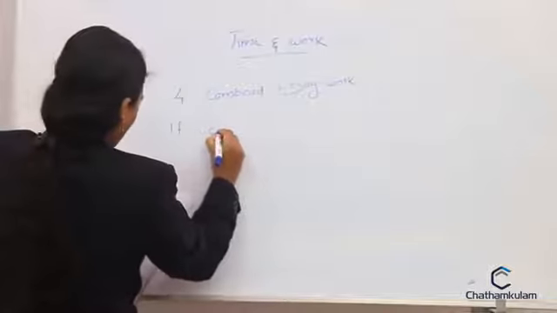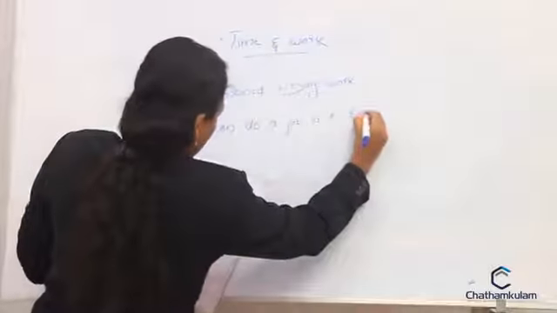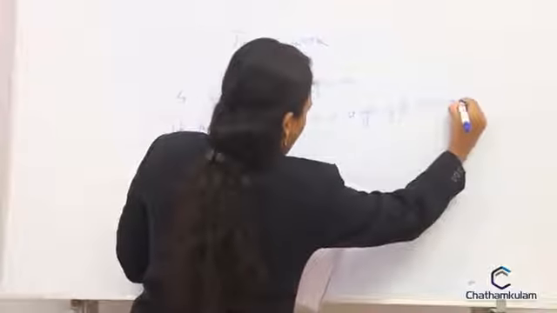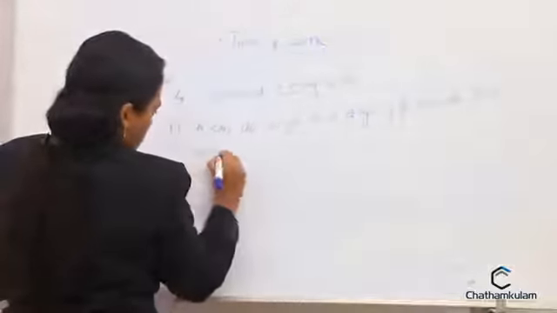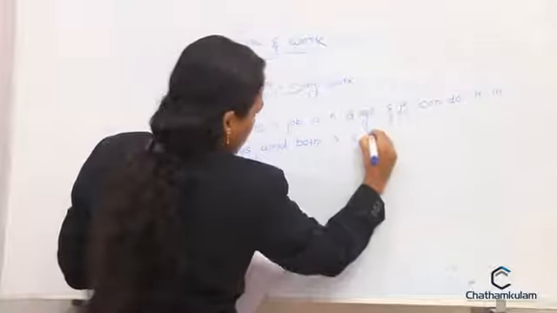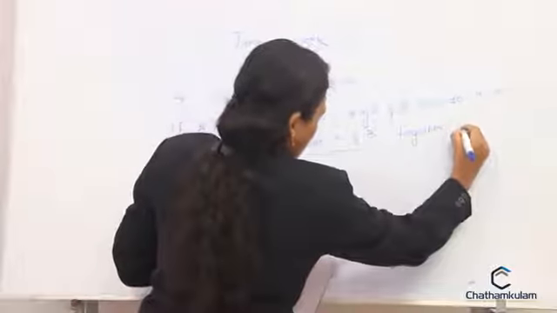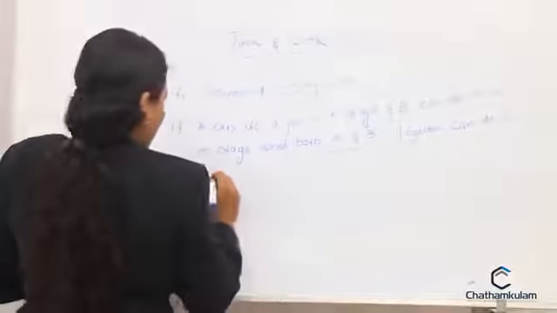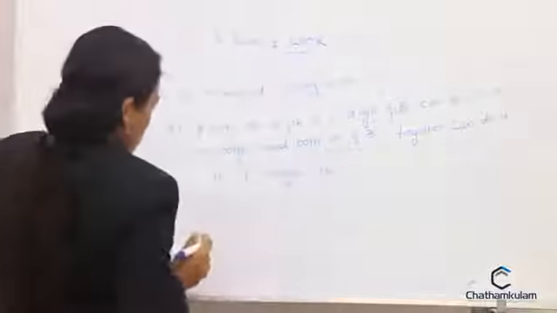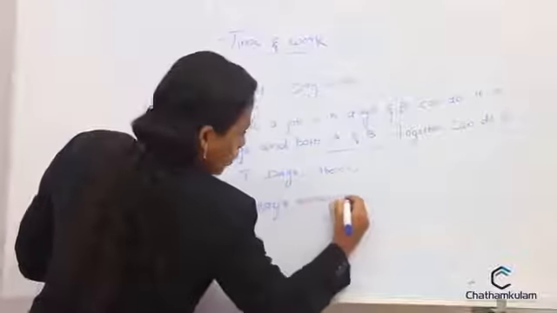If A can do a job in n days and B can do it in m days, and both A and B together can do it in T days, then the equation will be: A's 1 day's work equals 1 divided by n.